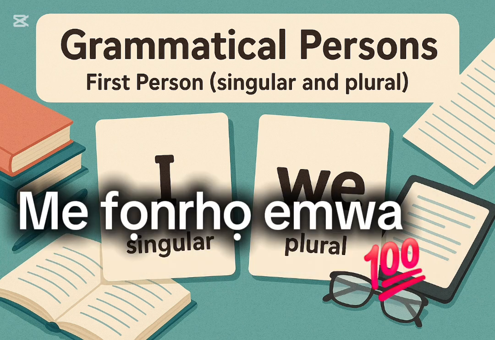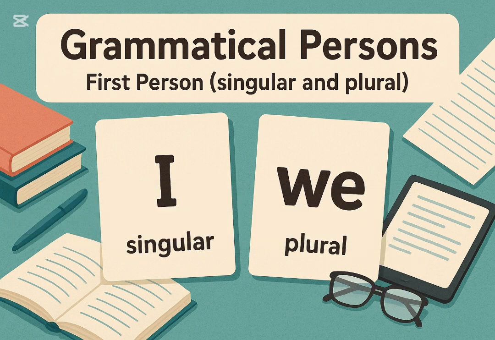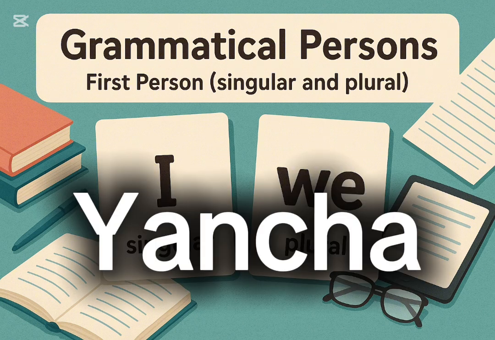Now let's use another example. We are going to use another verb now. Then we will see which of the first person pronouns we can use. Remember that we have first person plural and first person singular. Our goal here is to achieve the first person singular in a sentence. The example we'll use now is hiacha, to come, hiacha. So which of these first person pronouns can we use?